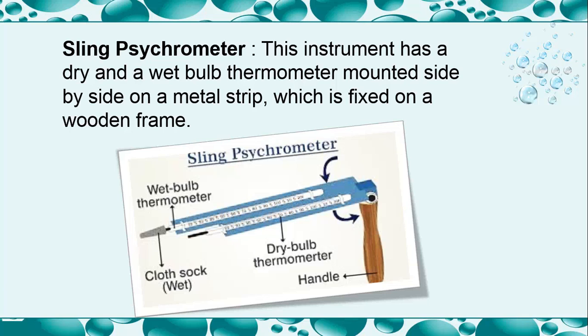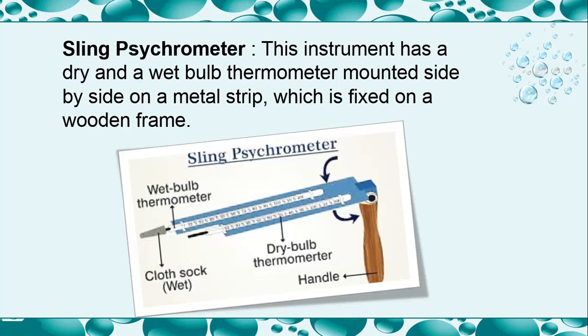So the difference between the dry and wet bulb hygrometer and the Sling Cyclometer is that in the dry and wet bulb hygrometer, the two thermometers are mounted on a wooden frame, while in the Sling Cyclometer, these two thermometers are mounted on a metal strip which is further fixed on a wooden frame.